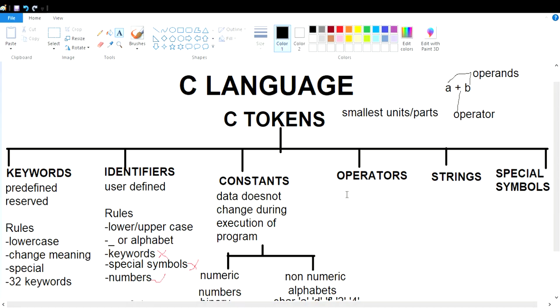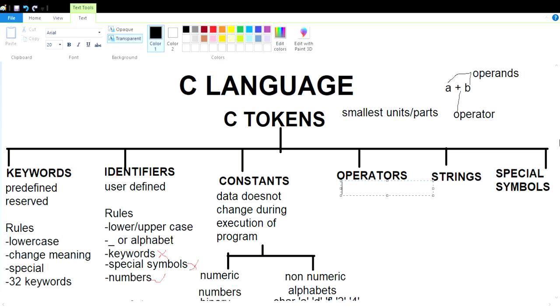When coming to the operator types, we have different types of operators. First one is arithmetic operator.